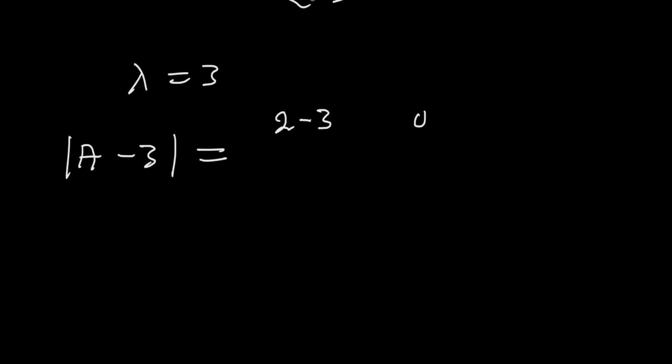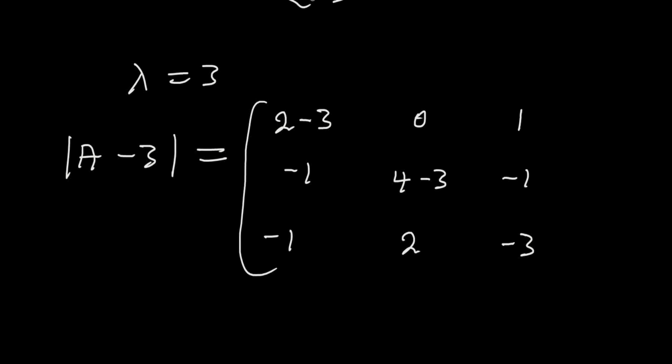For lambda equals 3, this would be A minus 3 equals 2 minus 3, 0, 1, negative 1, 4 minus 3, negative 1, negative 1, 2, and negative 3.